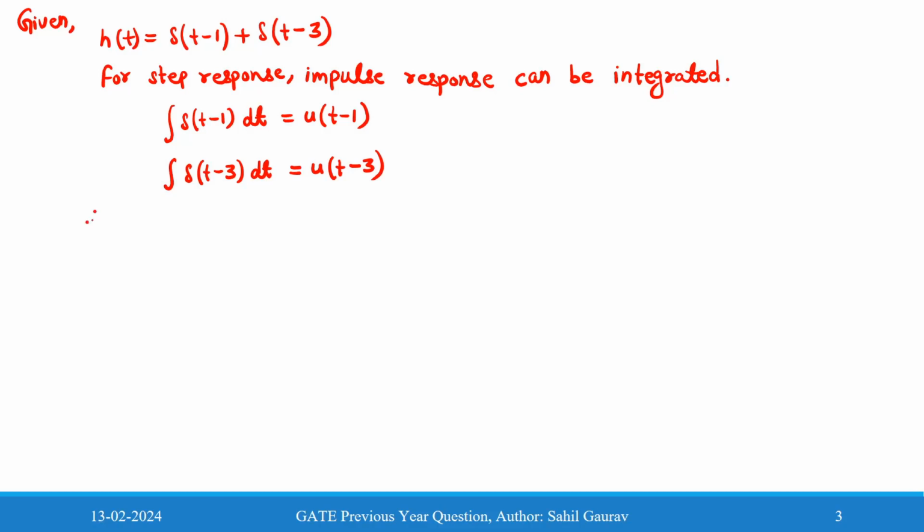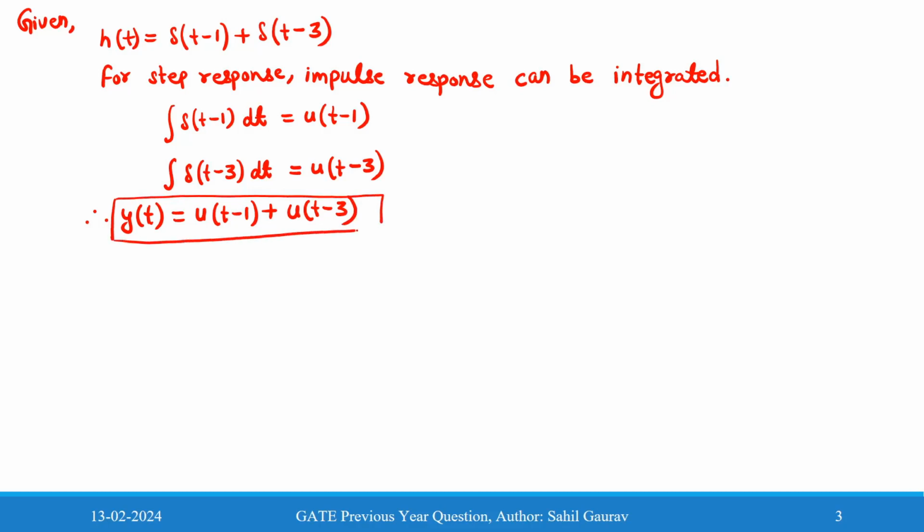Therefore, if you write the step response, that is integration of impulse response, then it will come as y(t) equal to u(t minus 1) plus u(t minus 3). So this is the unit step response we got.